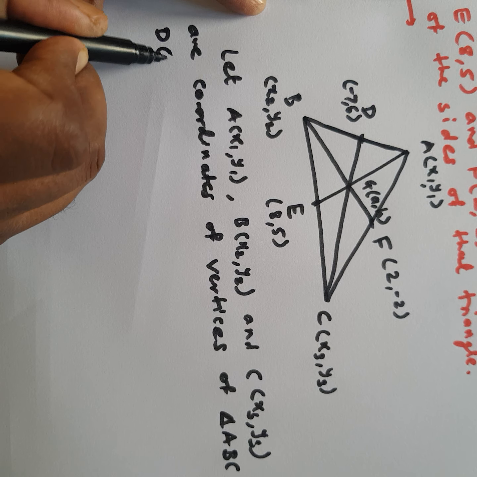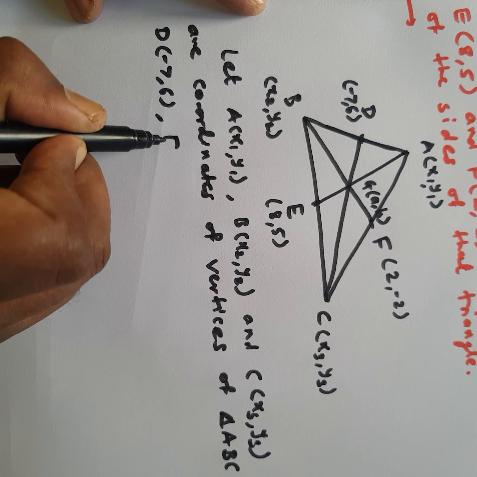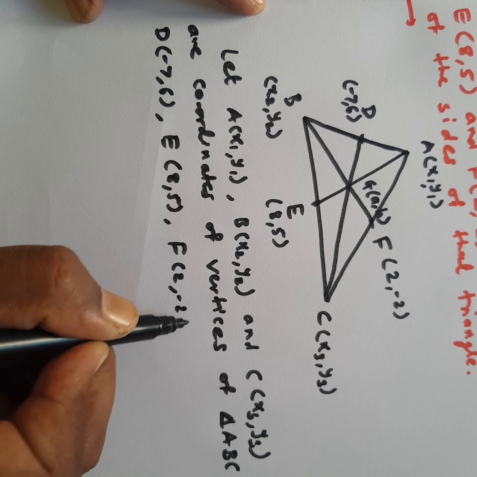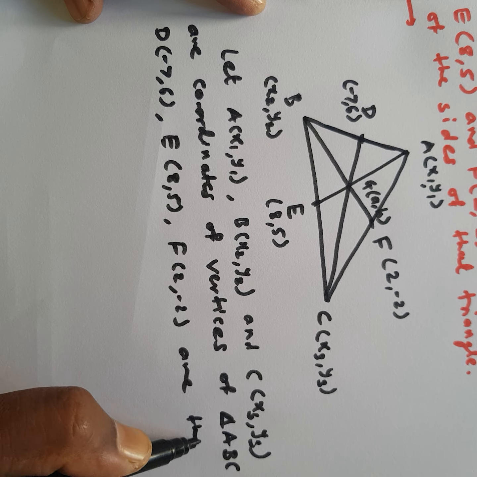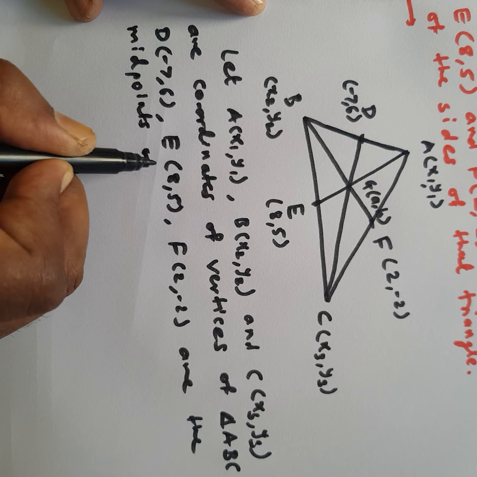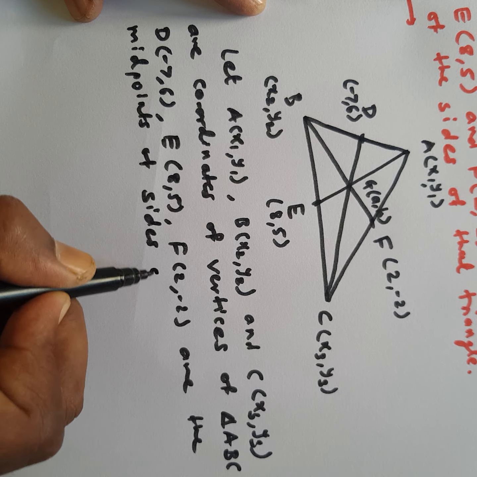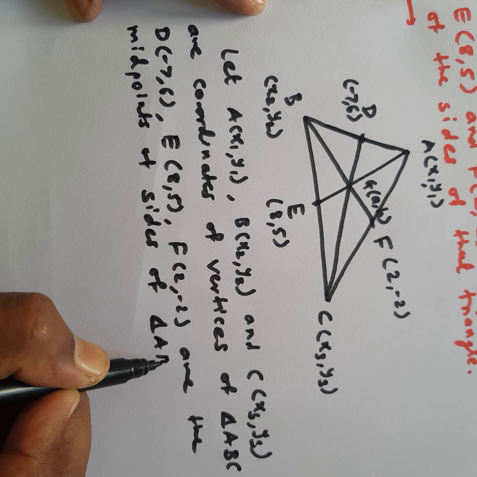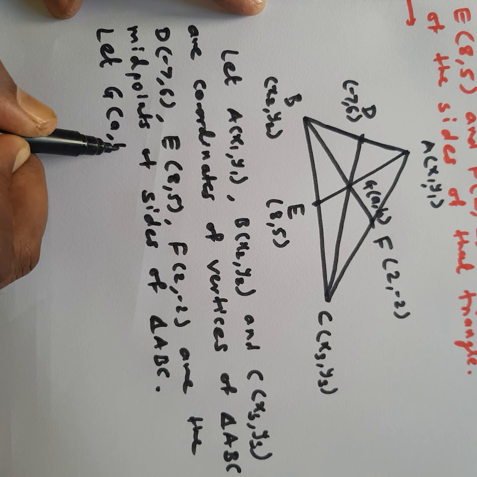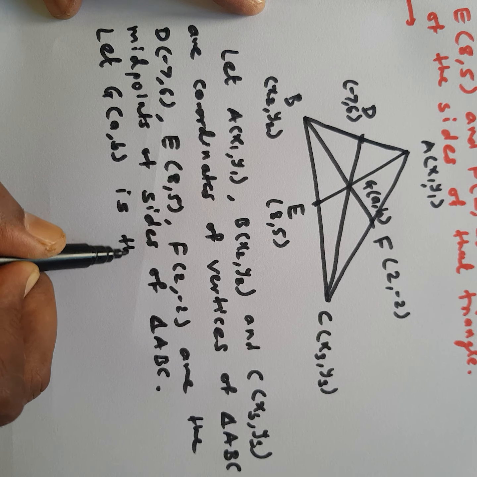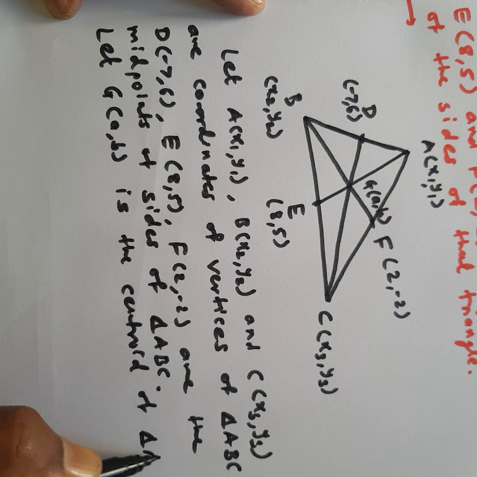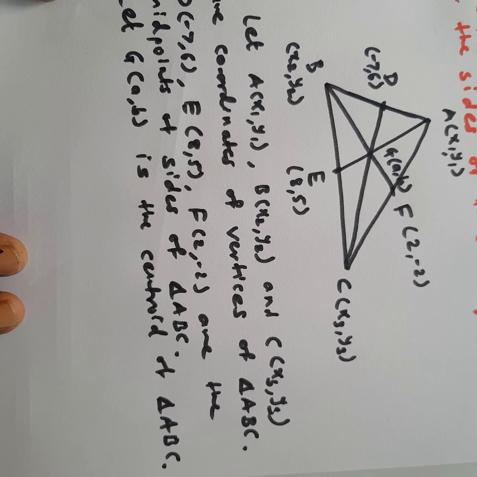D (-7, 6), E (8, 5), F (2, -2) are the midpoints of the sides of triangle ABC. Let G (a, b) be the centroid of triangle ABC.